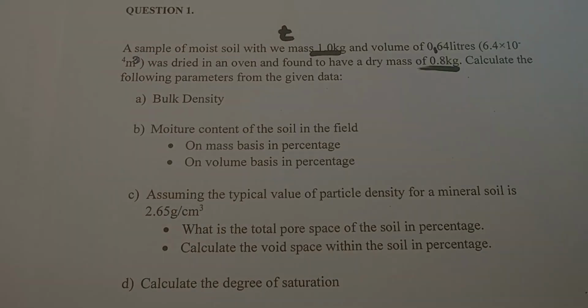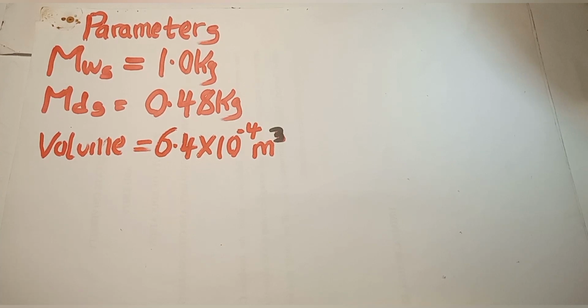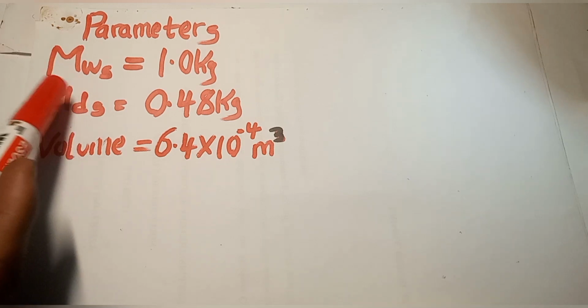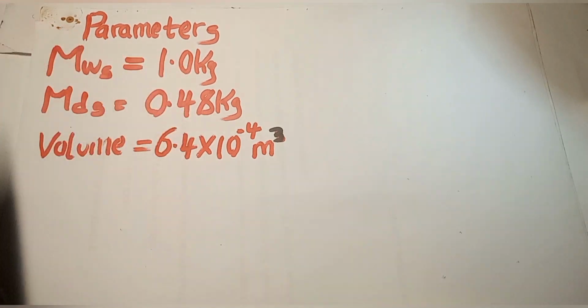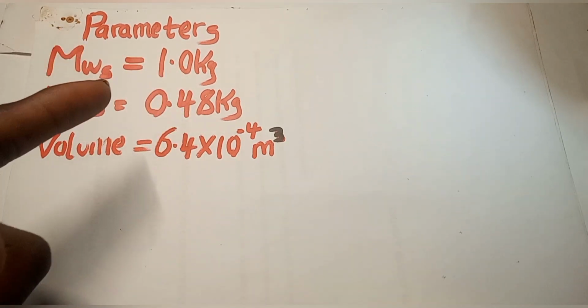Just follow me carefully. Now I have the parameters that I'm given here. The first thing I want to do is to convert all these parameters to their necessary units. The mass of the wet soil is 1.0 kilogram.